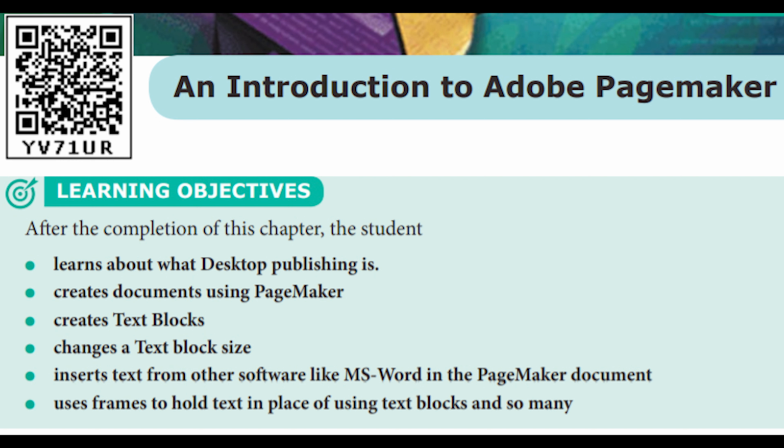We have seen how to save, and at last how to print the page also. Now you would have got a clear idea about Adobe PageMaker, and that's all in this chapter. We are going to start our third chapter, that is Introduction to Database Management System.